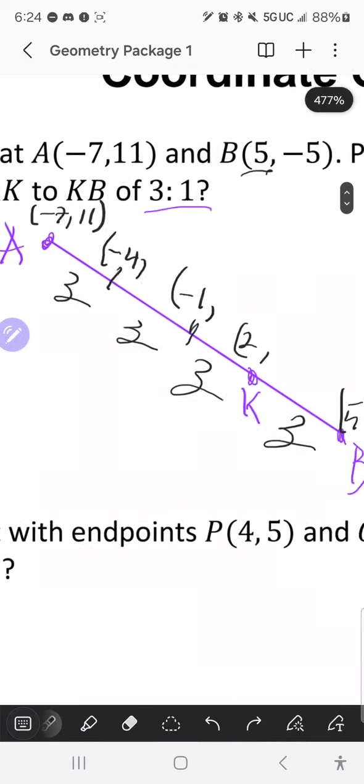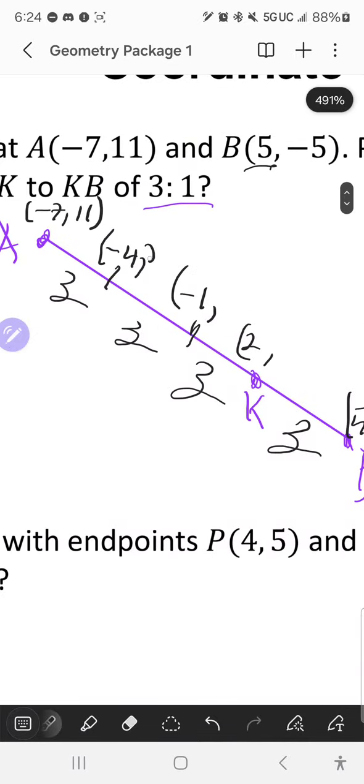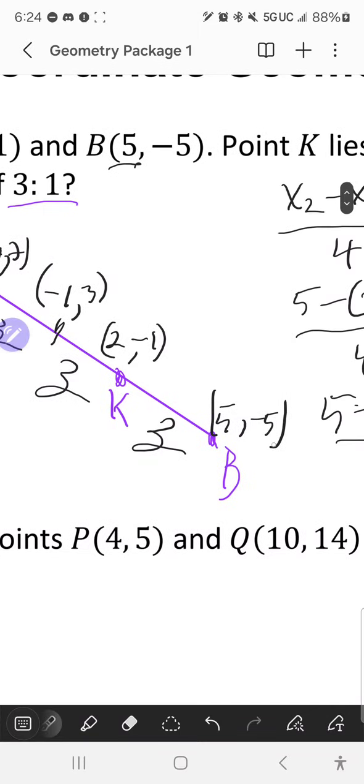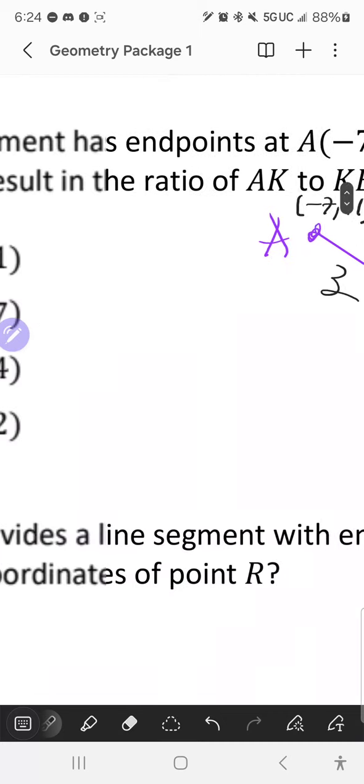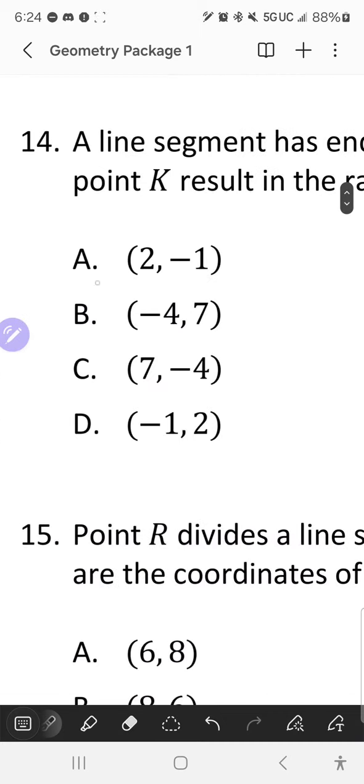So we go here, we have 11, minus 4 is 7, minus 4 is 3, minus 4 is negative 1, and minus 4 is negative 5. So we just calculated that the coordinate for point K is 2, comma, negative 1, which is choice A.